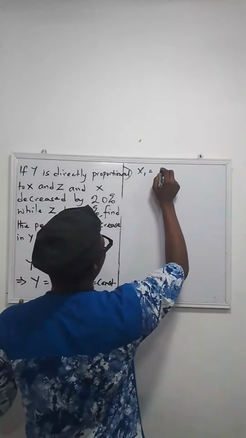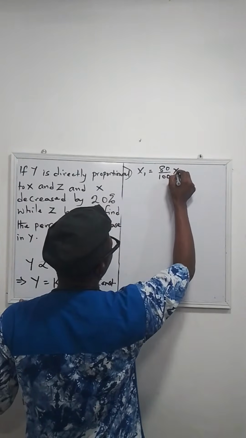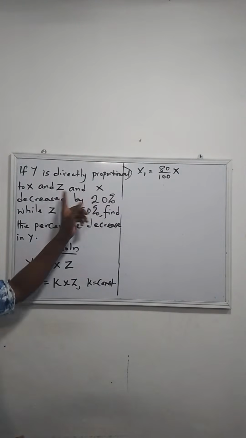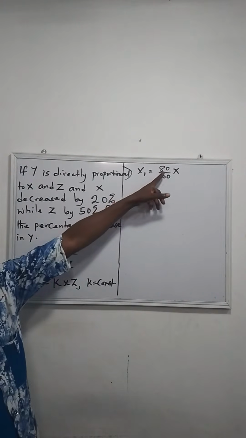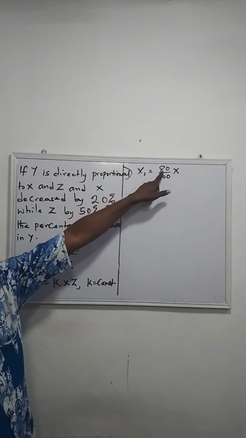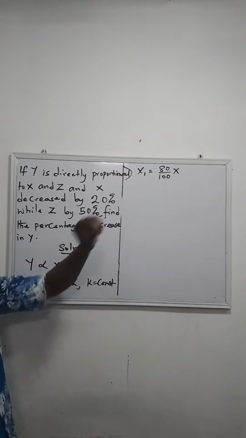So that is going to be 80 over 100 of x. Instead of having 100%, the full one, it has been reduced by 20%.